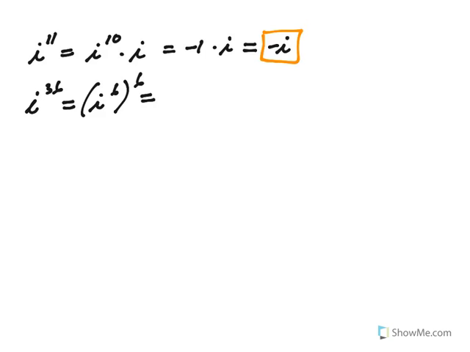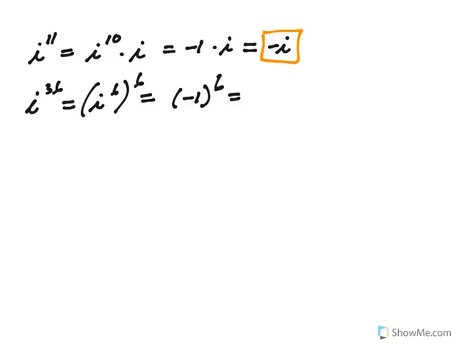Okay? And if you do it that way, then you can replace i to the 6th power. From your previous table, i to the 6th power is negative 1. So you can replace this as negative 1 to the 6th power. And then now that's like saying negative 1 times itself 6 times. When you do that, you should get a positive 1.